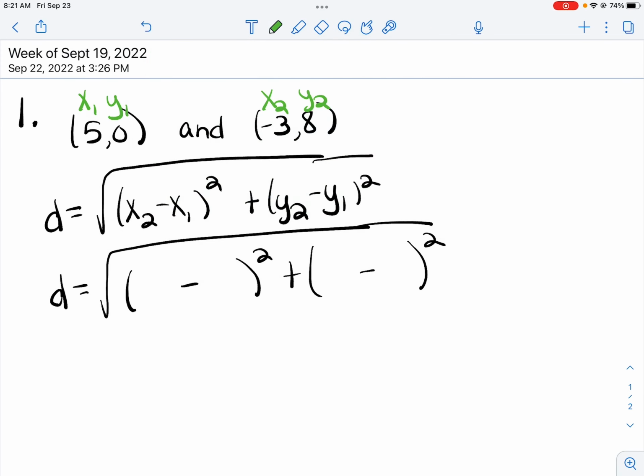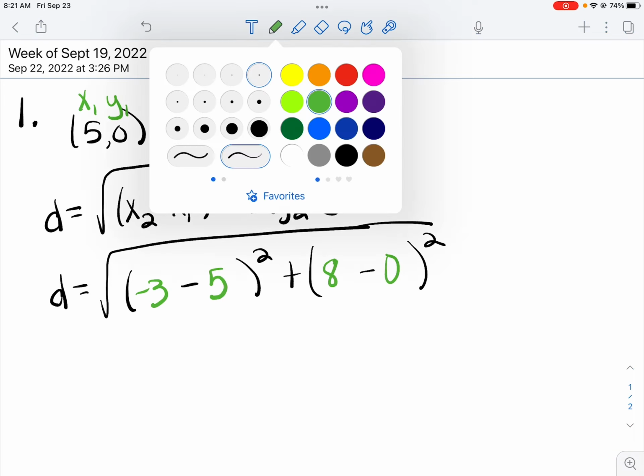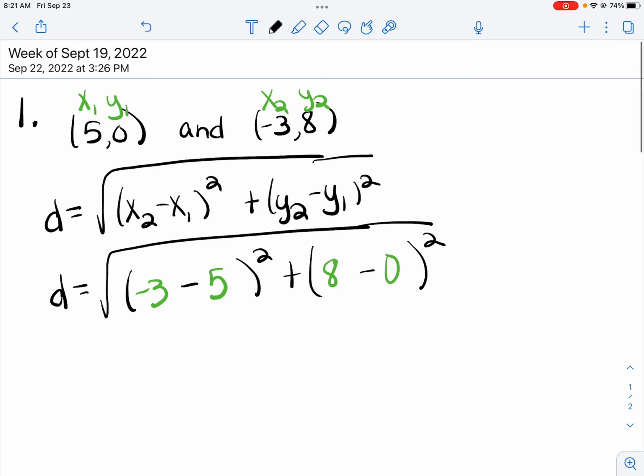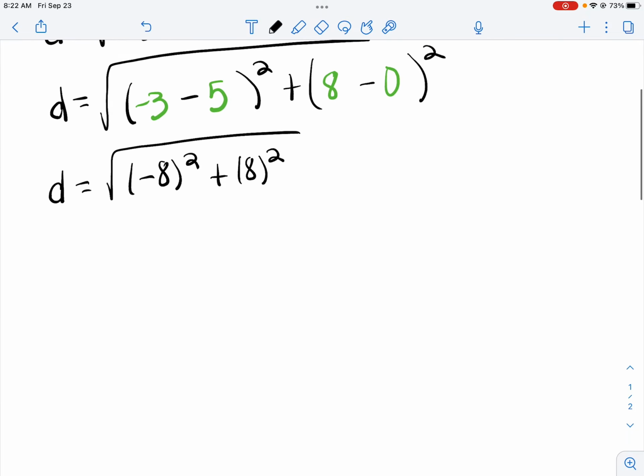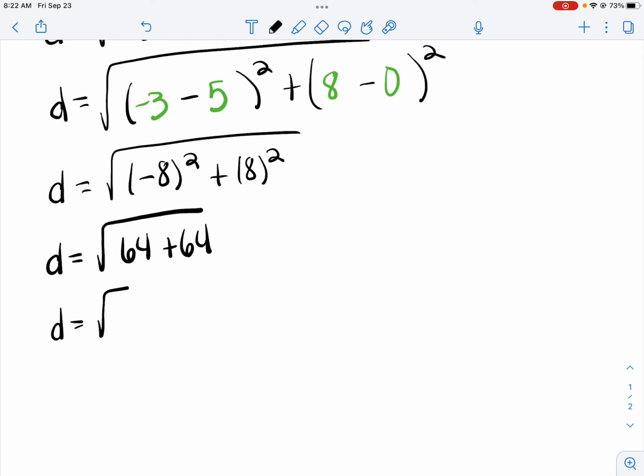So x2 is -3 and x1 is 5, y2 is 8 and y1 is 0. -3 minus 5 is -8, and 8 minus 0 is 8. -8 squared is 64, and 8 squared is 64. And 64 plus 64 is 128.